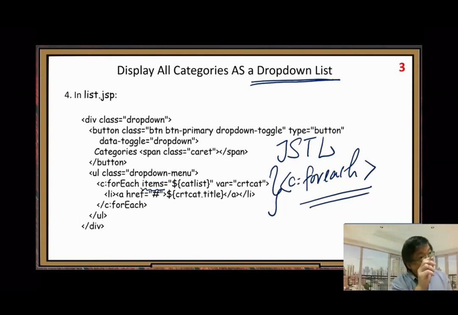After that, we need to have a reference to the current Java Bean, right? So this attribute var defines a reference to the current Java Bean.